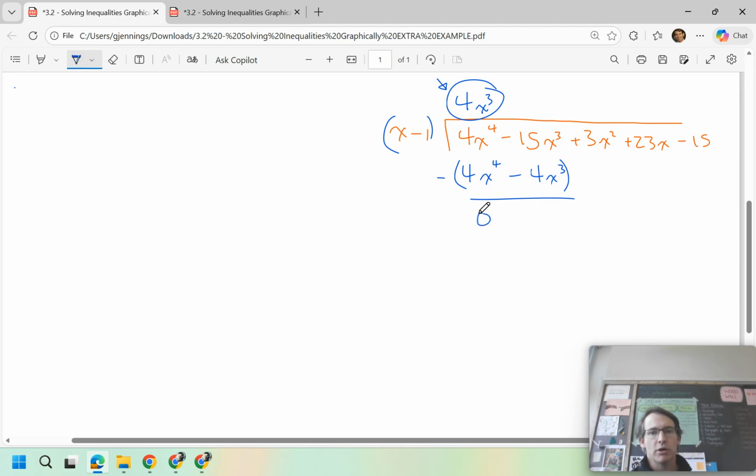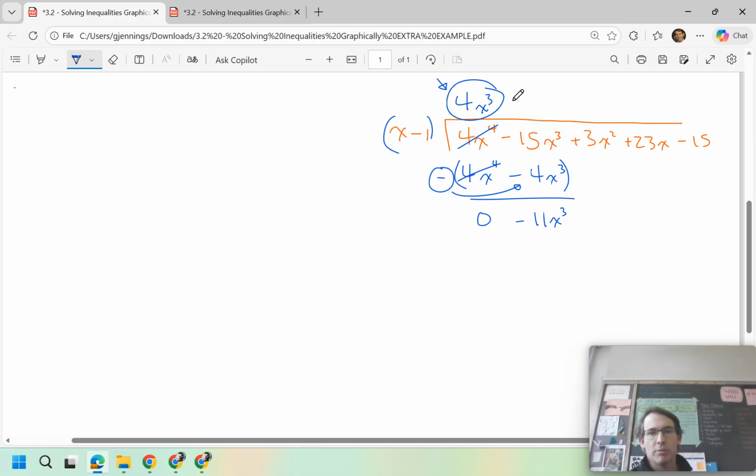That returns 0 down here. They're gone. And then minus 15x cubed minus 4x cubed is minus 11x cubed. Minus a minus is a plus, so we just want to get that right. And when I notate in a really clear way like this, I avoid errors. So that's why I choose to do it this way.